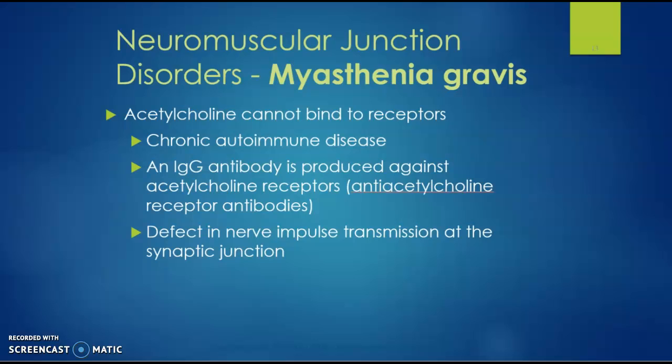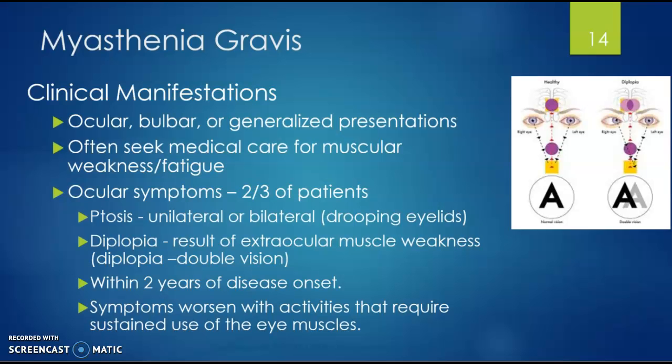Again, you have an antibody that is produced against the acetylcholine receptors at the neurojunction. And so these receptor antibodies will destroy the sites, and the acetylcholine again cannot be taken up. And so it's considered a nerve impulse transmission defect at the synaptic junction that will be an ongoing issue for the patient.